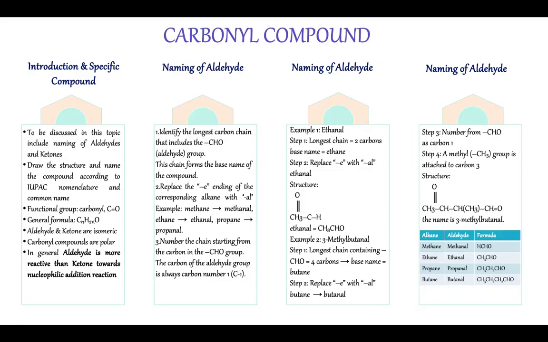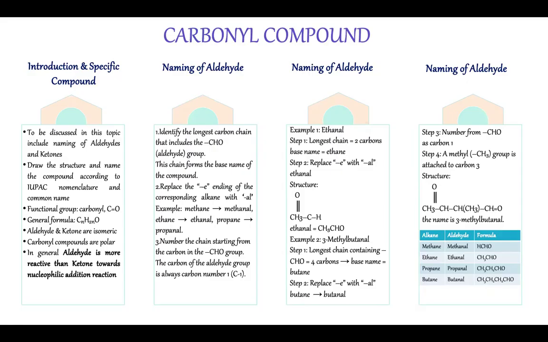Let's go into detail about naming and knowing the aldehyde further. In terms of the naming of aldehyde, first you need to identify the longest carbon chain that includes the -CHO, which is the aldehyde group, and this chain forms the base name of the compound. Then you replace the -e ending of the corresponding alkane with -al.